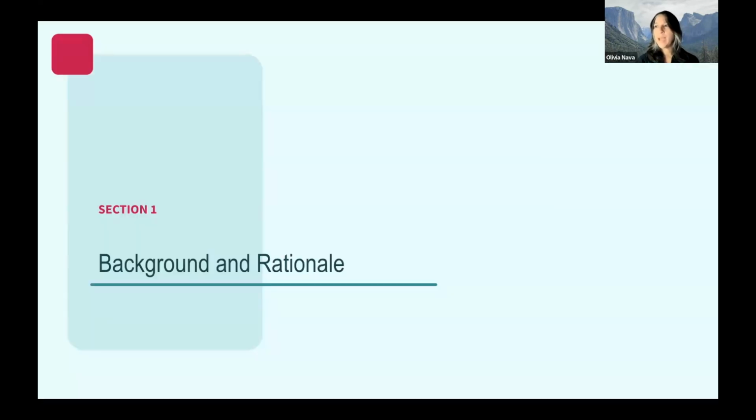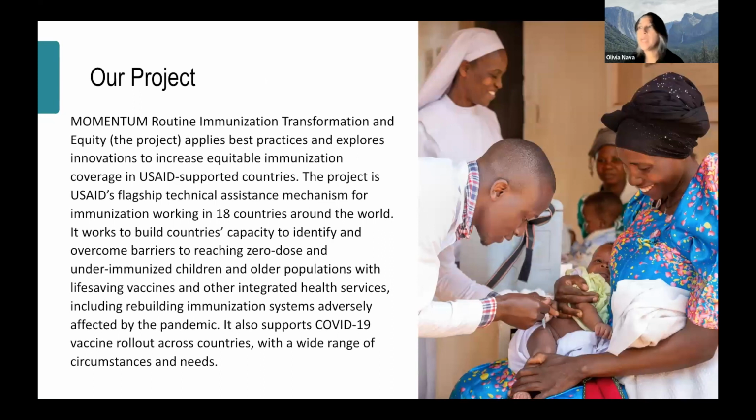We'll start with the background. Our project applies best practices and explores innovations in how to deliver equitable immunization coverage in USAID supported countries. It's a 5-year project that began in 2020 and is currently operating in 18 countries throughout the global South. Our work is to build countries' capacity to identify and overcome entrenched obstacles to immunization, and to reach zero dose children, who have never received a vaccination, and under-immunized or low dose children.